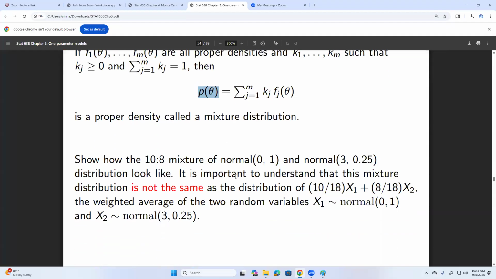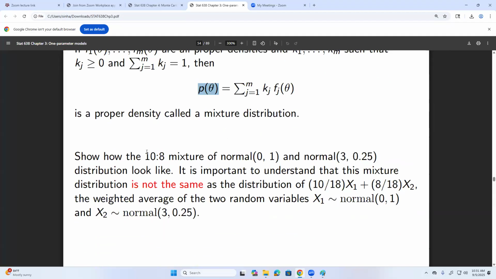Now here is one example. Show how the 10:8 mixture of a normal 0,1 distribution and a normal 3, 0.25 distribution looks like. It is important to understand that this mixture distribution is not the same as the distribution of 10/18 times x1 plus 8/18 times x2, the weighted average of two random variables where x1 follows a normal 0,1 distribution and x2 follows a normal 3, 0.25 distribution.